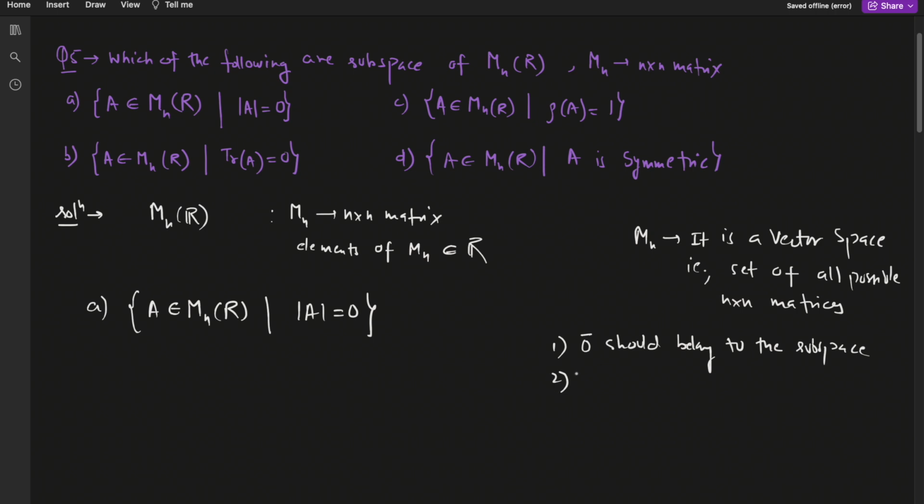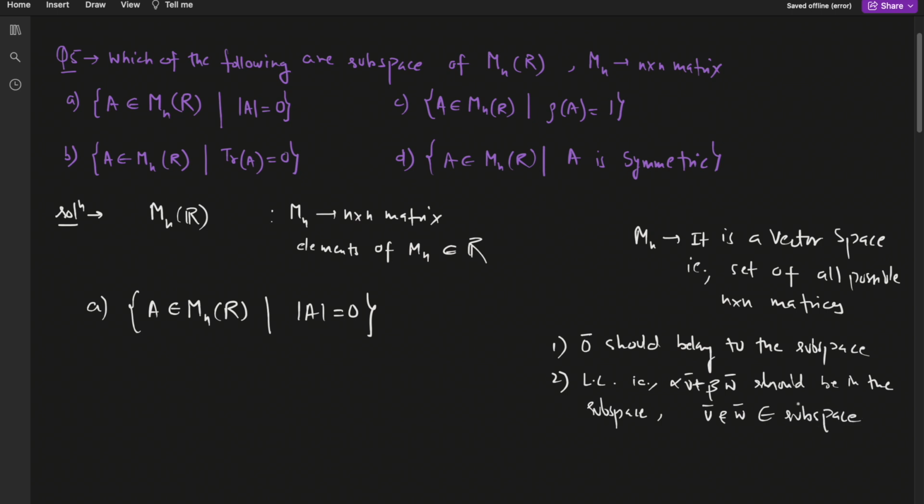And the second one is linear combination, that is, alpha v plus beta w should be in the subspace, given that v and w belong to the subspace.